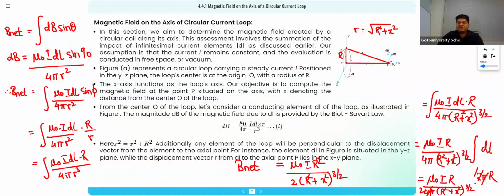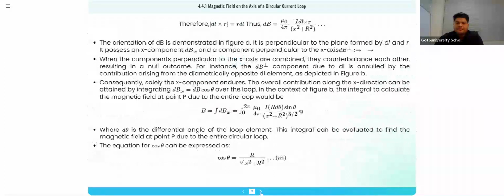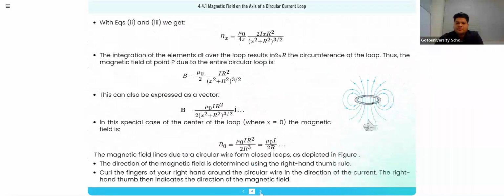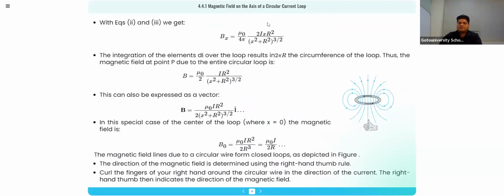Now my question is, you got the B net formula like this. What will be the value at the center of the loop?